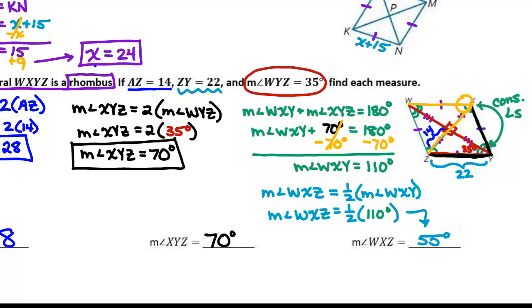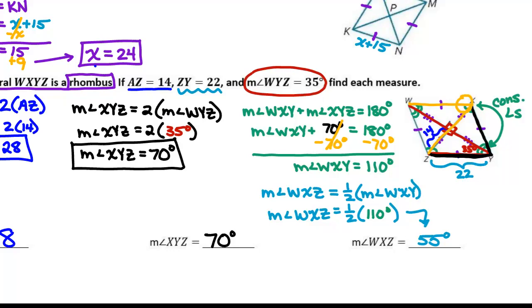So here's what happened. WXY, this whole angle up here, plus this whole angle down here, is 180 because they're consecutive angles. We didn't want this whole angle up here. We wanted just this piece of it. And that angle is being bisected by this diagonal. So we found the whole thing, that's the 110, and then we cut it in half to find WXZ, this piece right here.